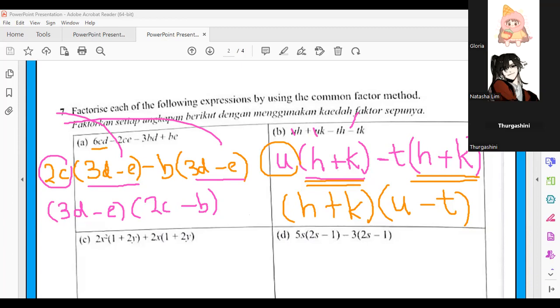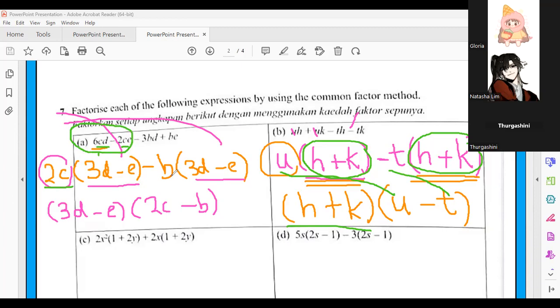What's happening here is, first you're factoring out the U, you're factoring out the T. Then you are left with H and K, H plus K. When you have something similar, you can factor it out. So you're left with the U minus T as another bracket. Same thing here, you took out the 2C from 6CD minus 2E, so you're left with 3D minus E from this part.